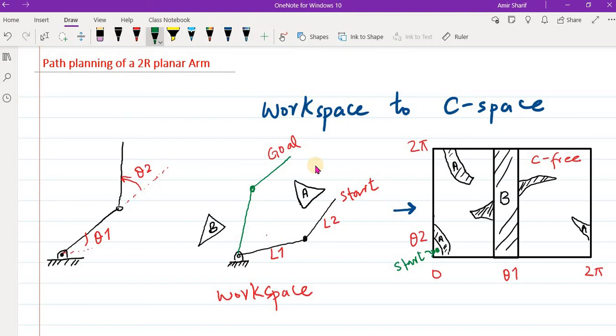So what will happen, this link 1 will move a little bit downward, and this link 2 will move like this.